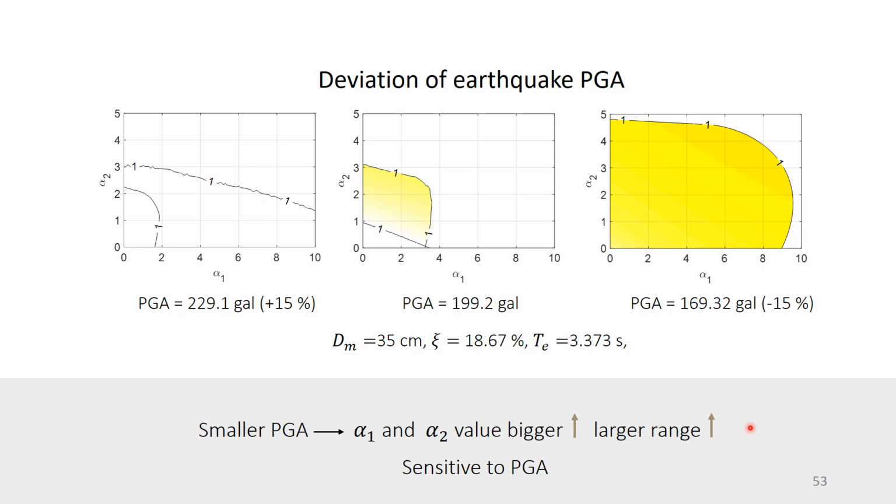Since the earthquake is smaller, the available alpha 1 and alpha 2 can be big, and the acceleration response will not be too big. And if the PGA is increased by 15%, there is no available design range. So we can say that this design range is very sensitive to the PGA.